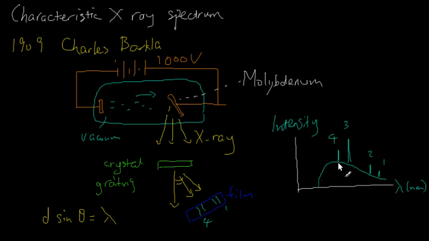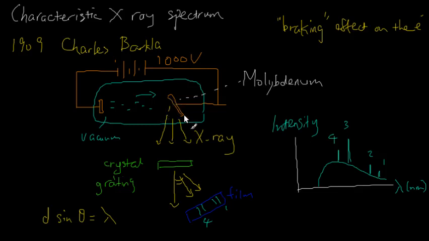The continuous background is actually due to what might be described as the braking effect on the electrons, meaning that when this beam of high energy electrons hit the metal, there are lots of electrons in the metal, so the repulsion from the electrons in the metal, or if you like the collision of this beam with the metal, would cause these high energy electrons to slow down and stop.